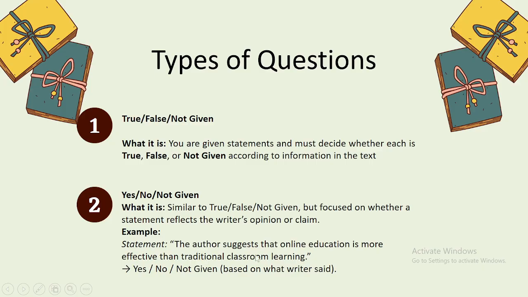For example, here the author suggests that online education is more effective than traditional classroom learning. Here, what the author is saying is not the main thing, but you have to understand where the perfect place is, when the writer is making a comparison between online education and the traditional education system, and the main support is for online education.